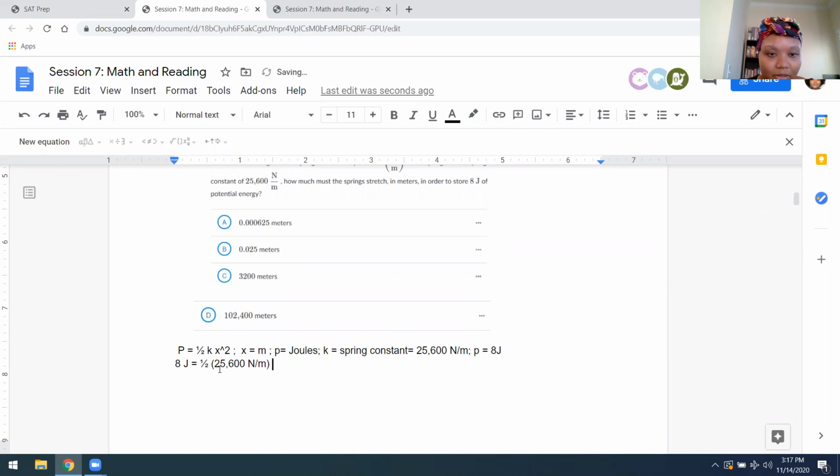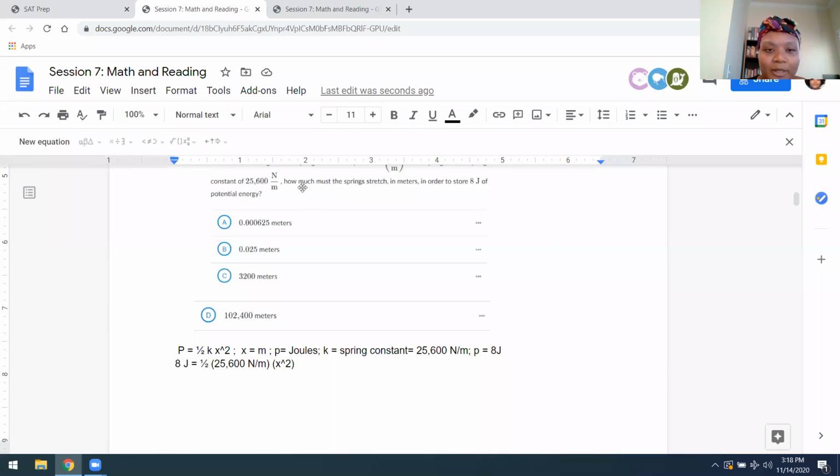Then we don't have X, so we just rewrite X as it is. We have everything but the X value.